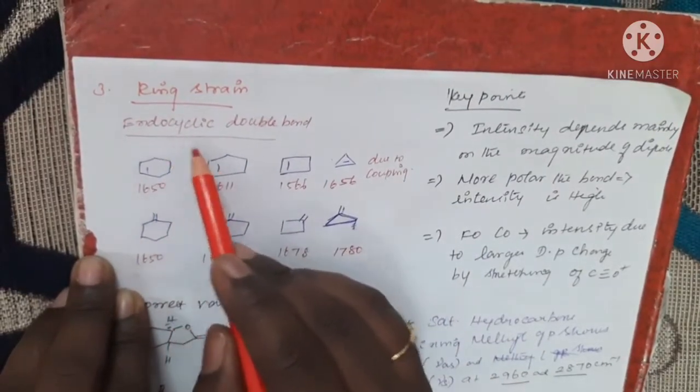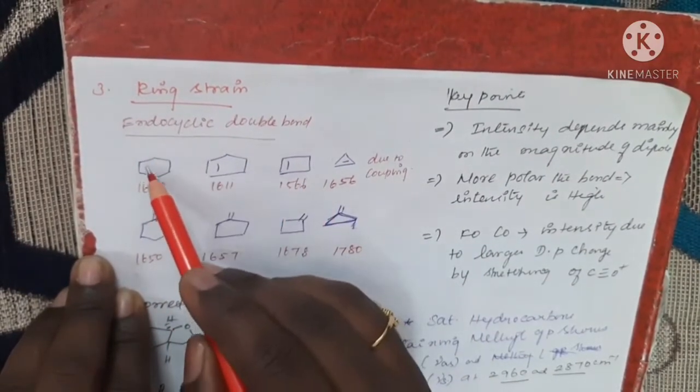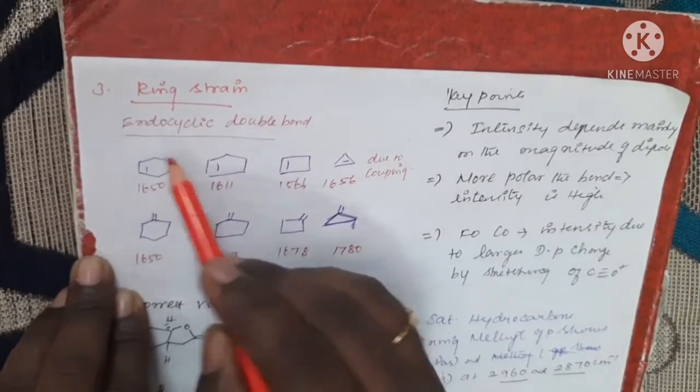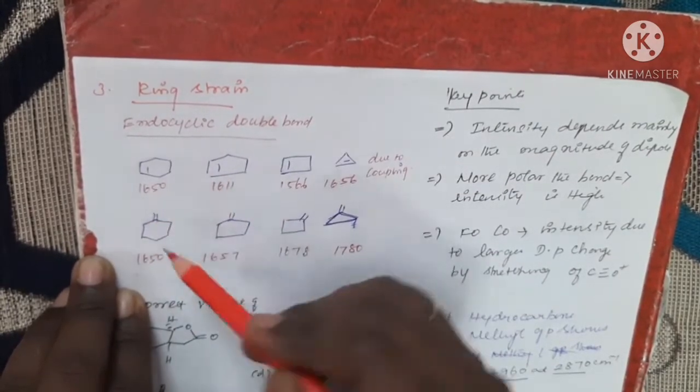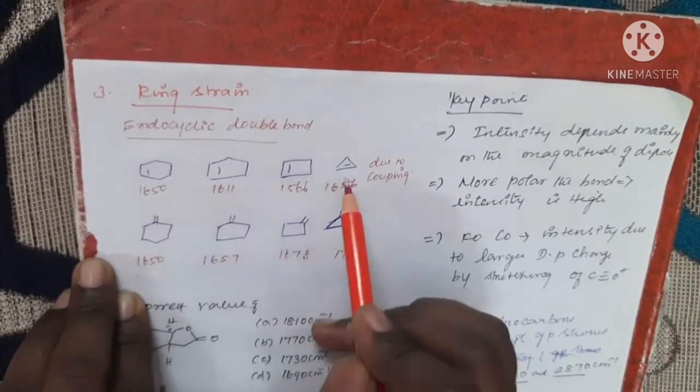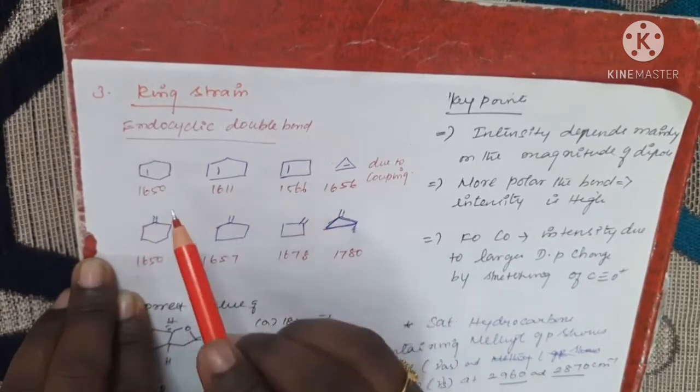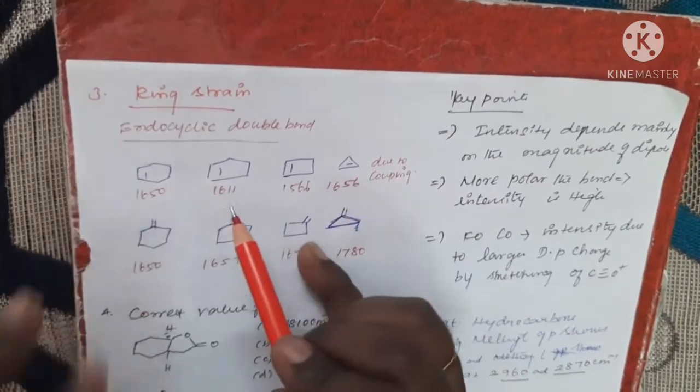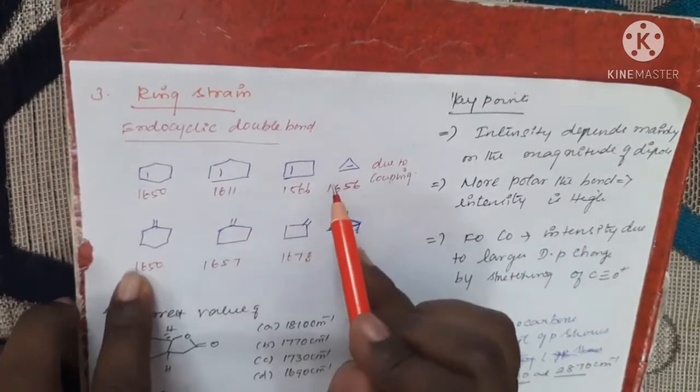So the first one is the endocyclic double bond. If the double bond is inside the ring, then it is called endo. Outside means exo. Let's see about endo. So in case of an endocyclic double bond, the frequency decreases with the strain.